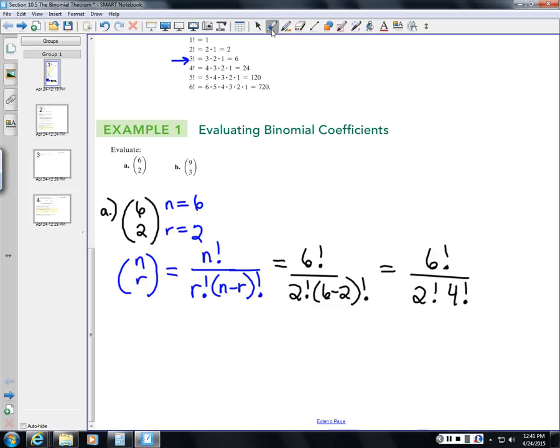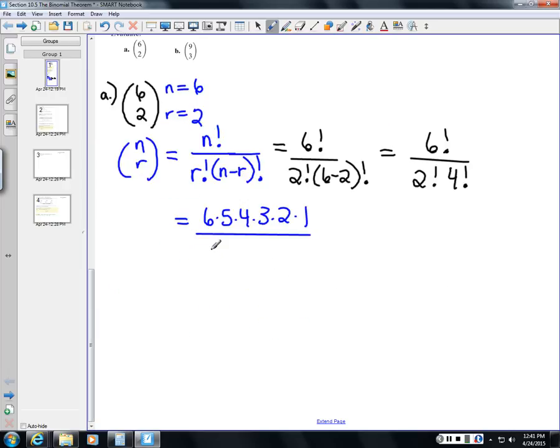There are some shortcuts we can use, but to show you the long way, the numerator is 6 times 5 times 4 times 3 times 2 times 1, over 2 factorial, which is 2 times 1, times 4 factorial, which is 4 times 3 times 2 times 1.